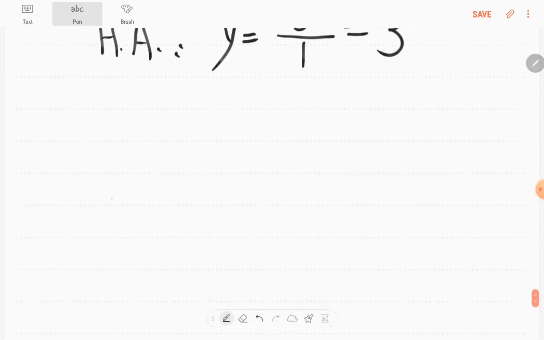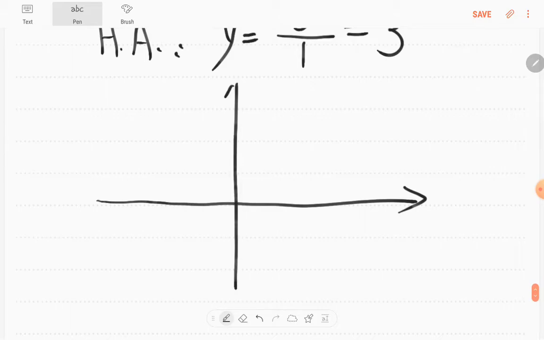So if you locate the vertical asymptote and the horizontal asymptote, you will see this is 1, 2, 3, right? This is 2, so this is 3. Of course, you have more.